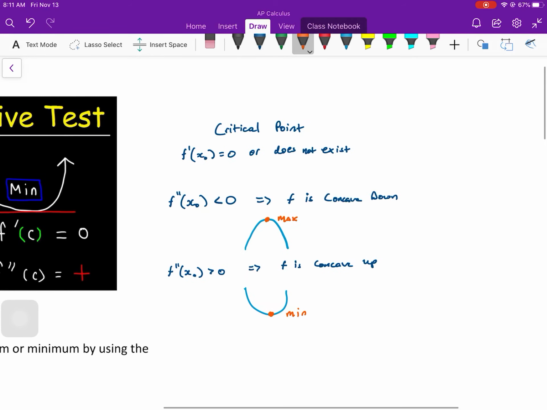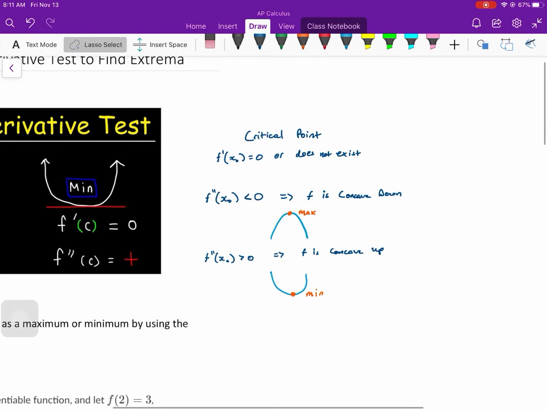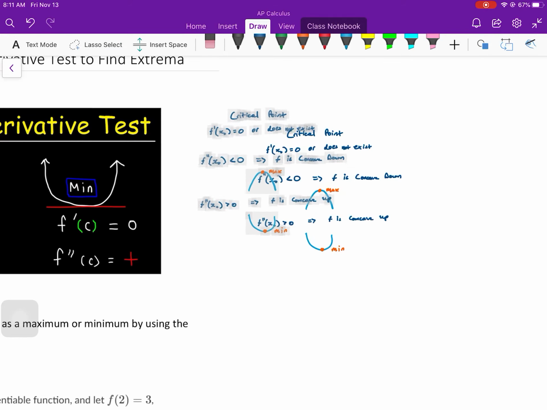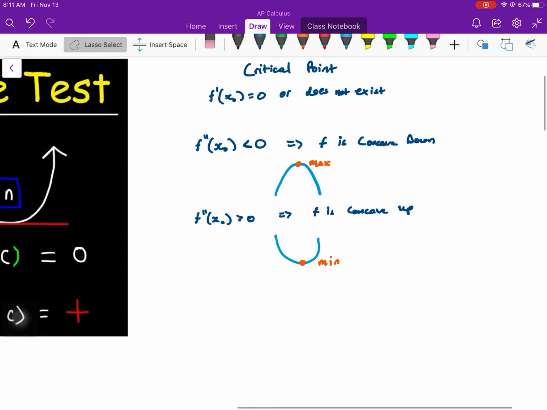What if f double prime is 0, though? Let's just say we have a critical point, but f double prime actually equals 0 at that spot. If you remember, that means it could be a point of inflection there.